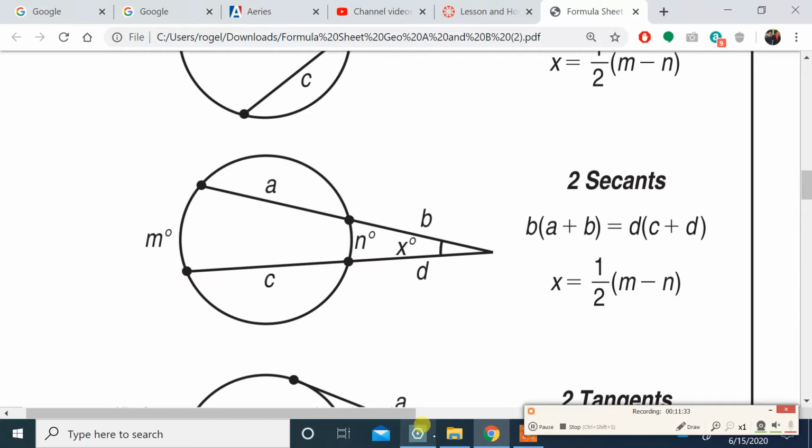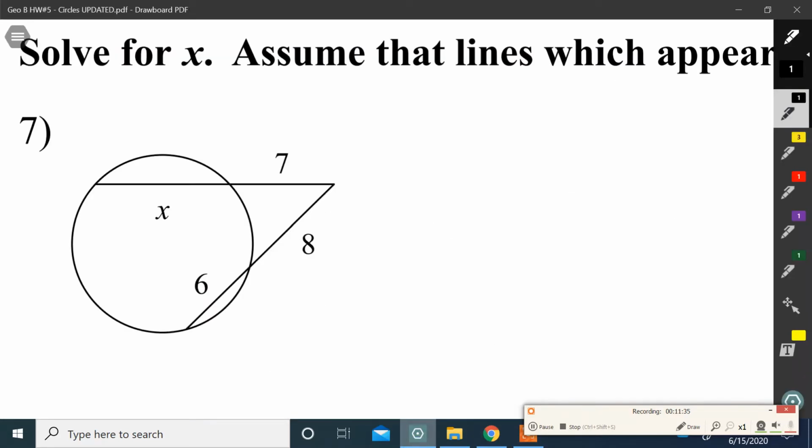All right, so we have to first identify which formula I need to use. Okay, so which formula is the one that I have to use? So for this one, when I look at my computer here, it seems that we have two secants.